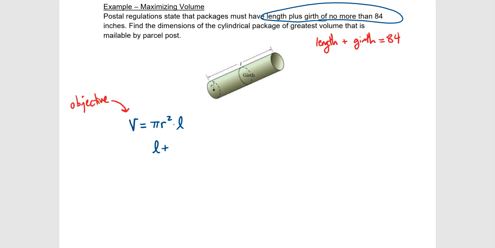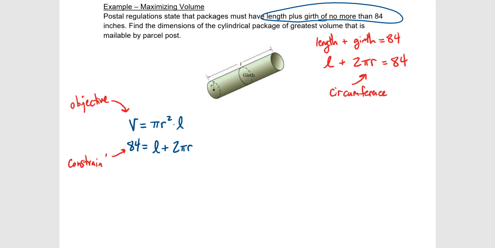So setting this up using our variables, that's going to be L plus, so girth is actually the circumference of the end of the package. Circumference of a circle is 2 pi r. And now we have our two equations. We have the length plus 2 pi r has to be 84 at the most. So that's going to be our constraint equation because we have a limit or a constraint on it.